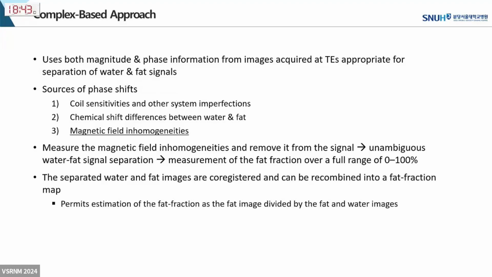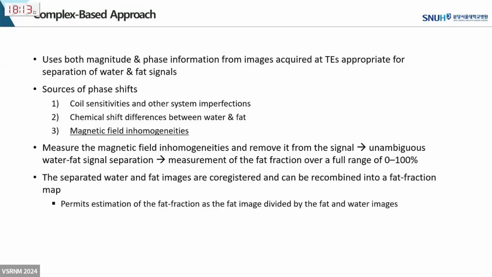Now we will focus on the complex-based approaches. It uses both magnitude and phase information from images acquired at times appropriate for separation of water and fat signals. Phase shift results from three main sources: measurement and removal of the magnetic field inhomogeneity from the signal permit unambiguous water-fat signal separation, and overall measurement of the fat fraction over a full range of 0 to 100%.